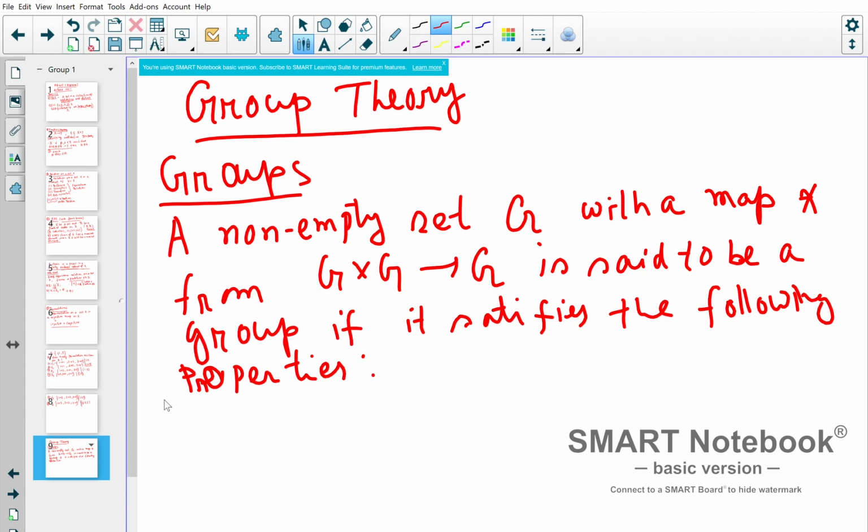Property number 1 is called associativity. So what is the meaning of associativity?